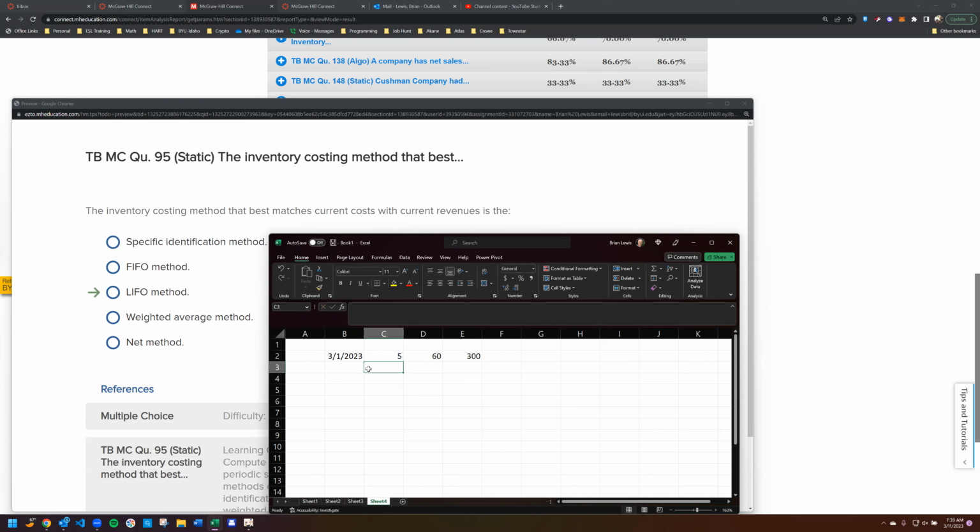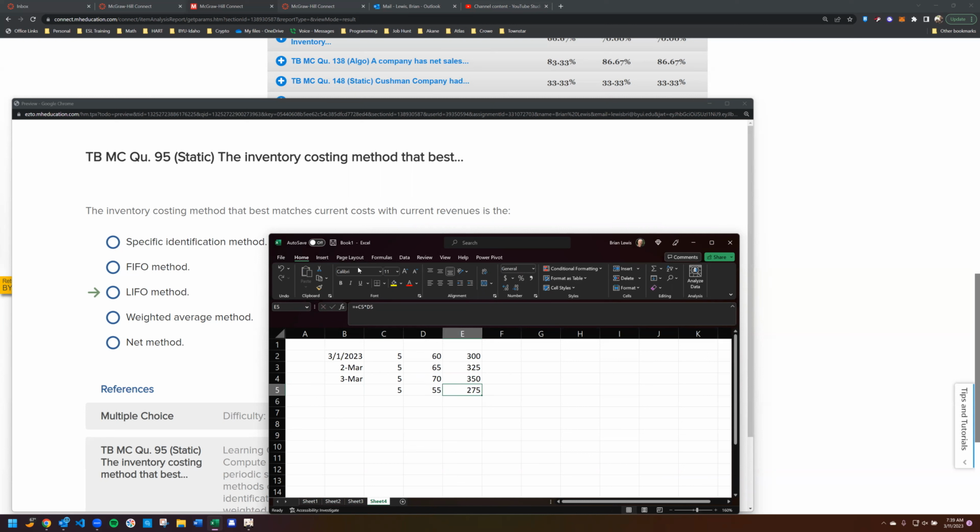then my inventory today is times that. Okay. And then let's say on 3/2, it's 5 units and I buy it at $65, right? And let's say 3/3, another 5 at 70. Copy, and we'll just do this a couple times. And then one more, another 5, but let's make this $55. Okay.